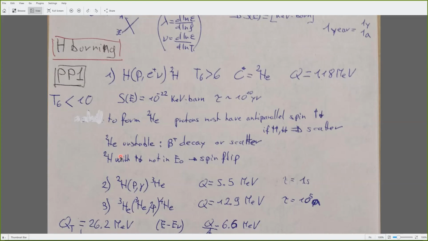Now you have a proton and neutron with antiparallel spin, and this is not the lowest energy state. So you need another spin flip to be a little more stable and stay more bound together, to go to the lowest energy state. For this reason, the cross-section is so low.